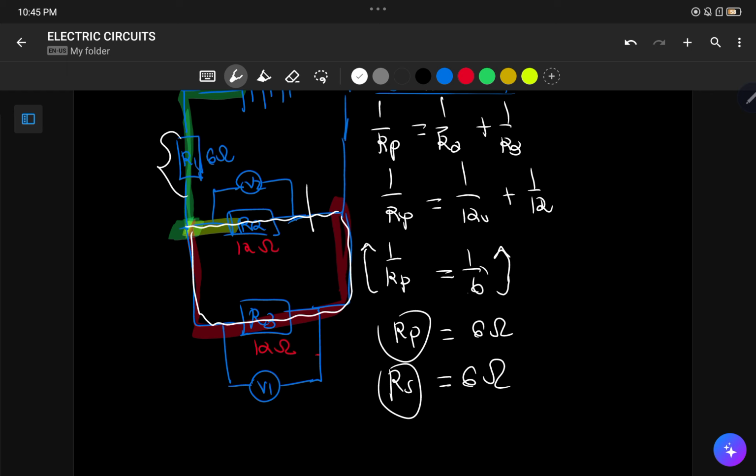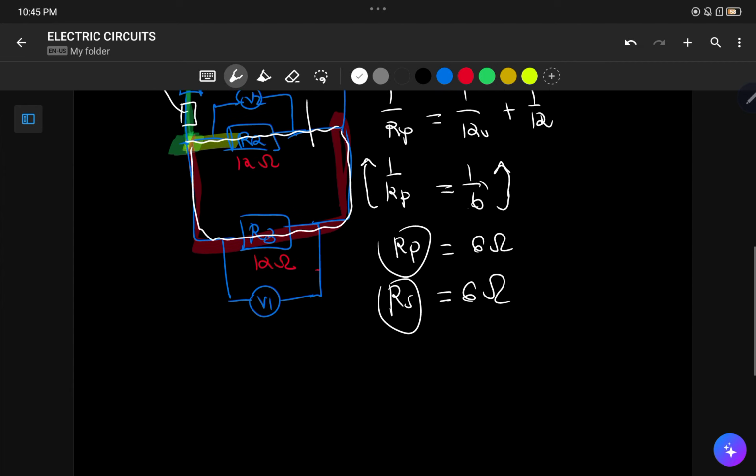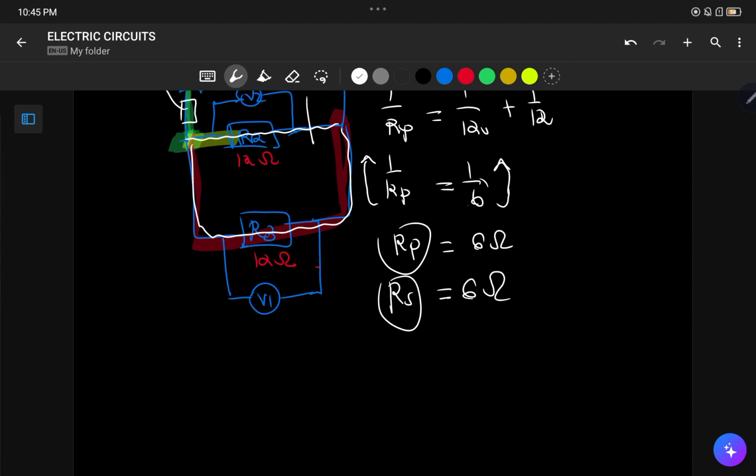If there were another resistor in here, you would have used the formula RS is equal to R1 plus R2. But in this instance, because there's no other resistor, the R series has a resistance of 6 ohms, whereas the resistors in parallel also have a total resistance of 6 ohms.